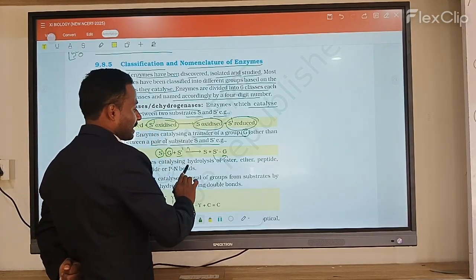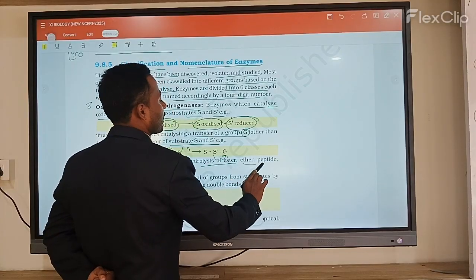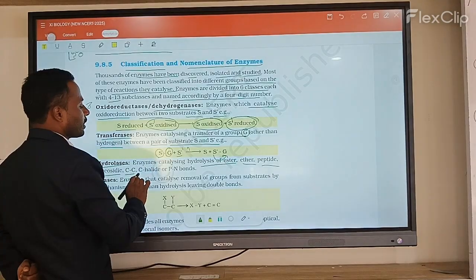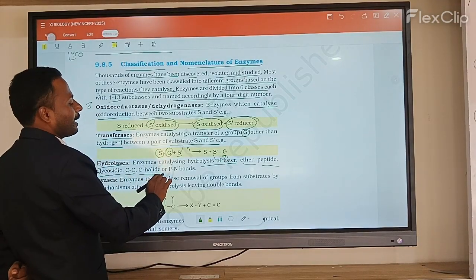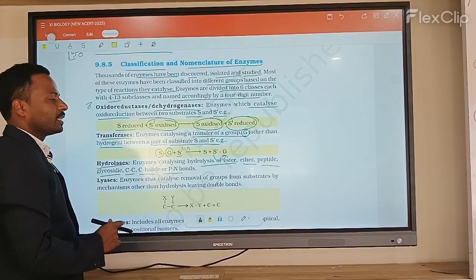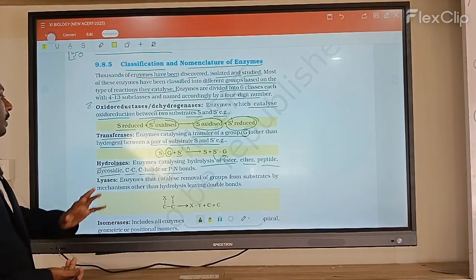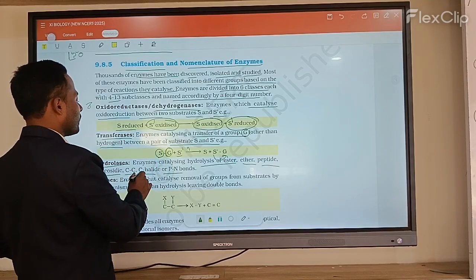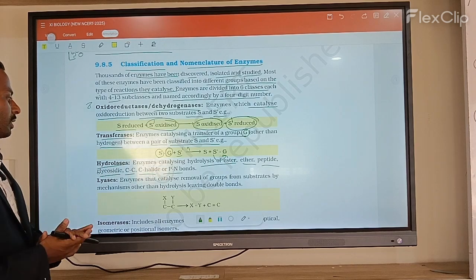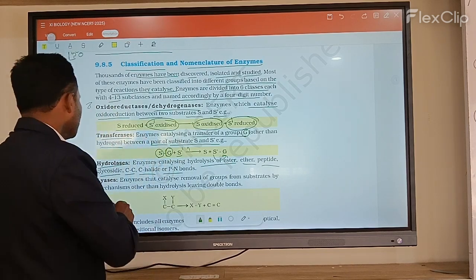Next, hydrolase enzyme. These enzymes catalyze hydrolysis of esters, ethers, peptides, glycosidic bonds, carbon-carbon bonds, carbon halide bonds and phosphorus-nitrogen bonds. Mostly they hydrolyze different bonds like carbon-carbon, ester, ether, peptide and glycosidic bonds. Next, the lyases.